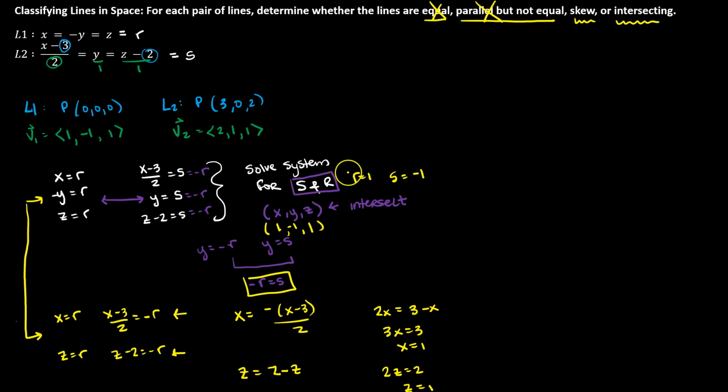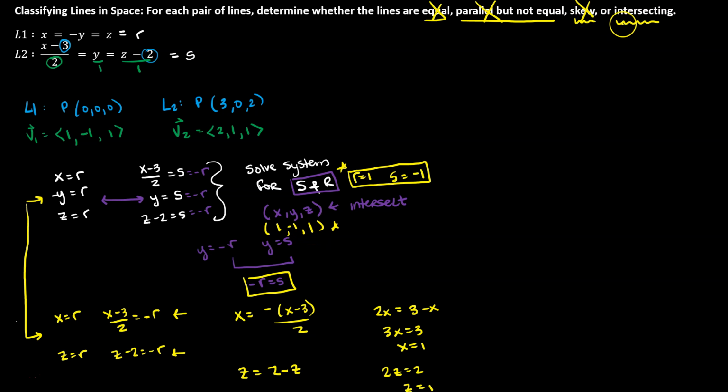So it's not super important to know what these parameters are. We just either need this or we need that intersection point. So we're using six equations against each other, and we're hoping to either find r and s or to find x, y, and z. Now, because we were able to find r and s, or in other words, we were able to find that intersection point, we know these lines are not skew.